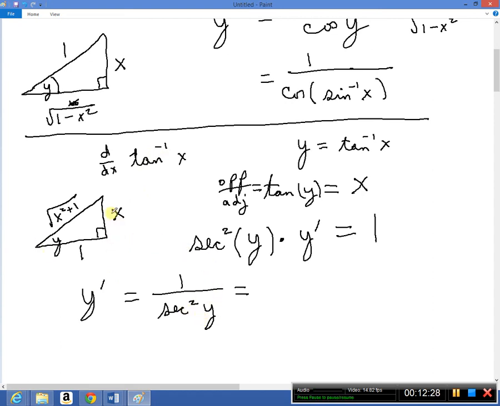Well, I have to read off what the secant is, because remember, secant squared means secant of whatever quantity, squared. So what is the secant? The secant is 1 over the cosine. So the cosine is the adjacent over the hypotenuse. So the secant must be the hypotenuse over the adjacent.